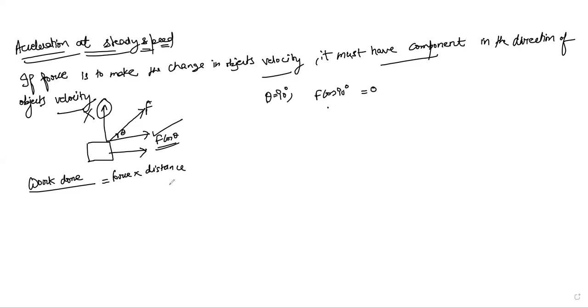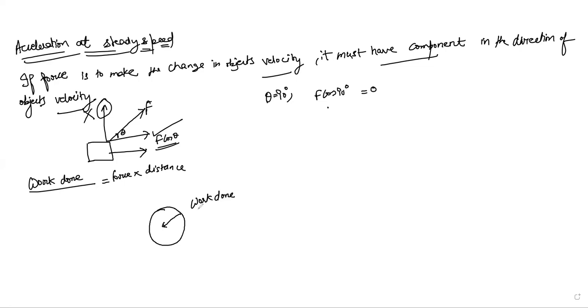Now, distance moved by the object in the direction of centripetal force. If I consider this circular path, centripetal force is acting toward the center. Is the object moving any distance along the radius? No, sir. The object is moving along the circumference only. Therefore, work done is 0.